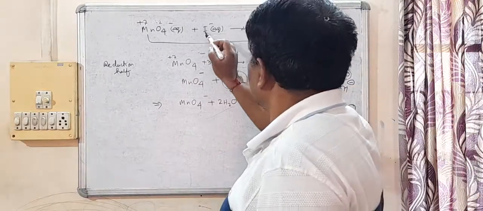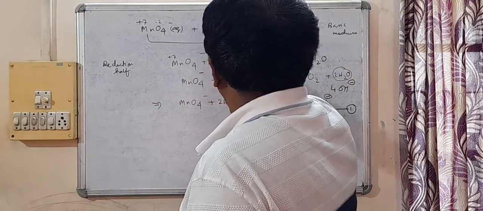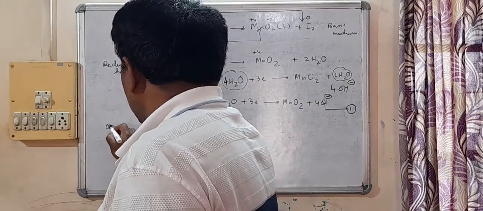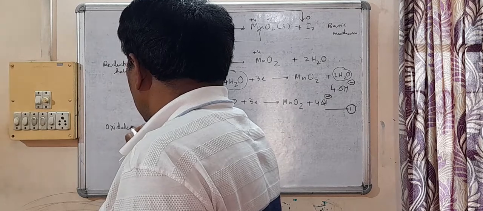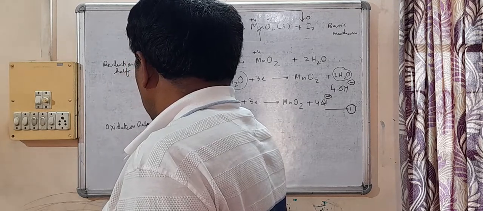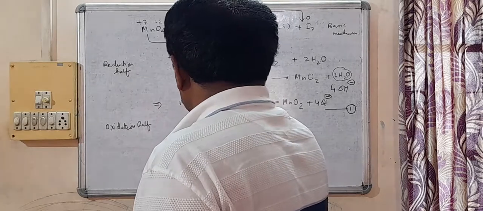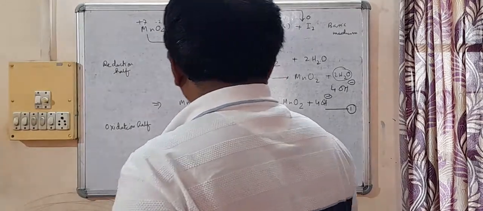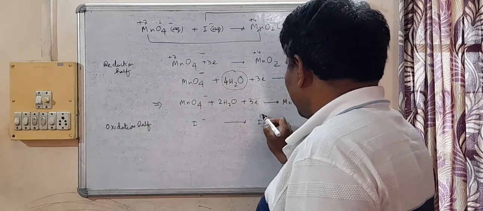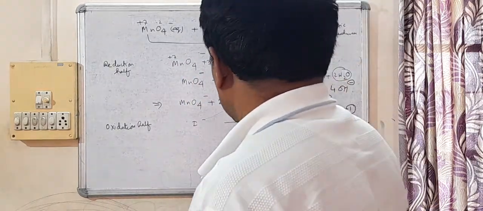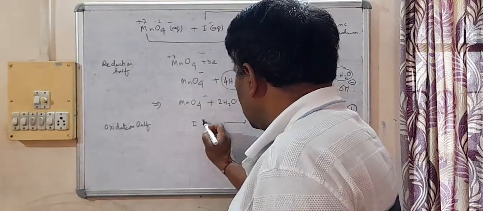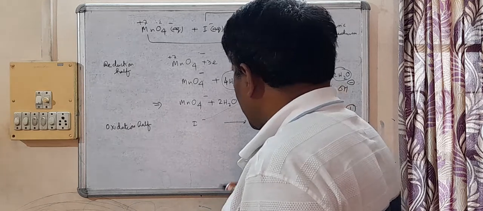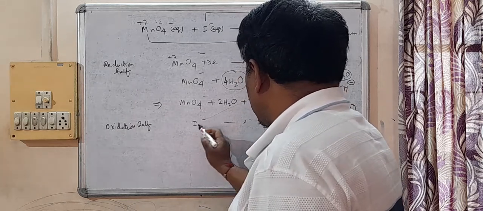Now the other half, I minus to I2, that will be the oxidation half. I minus is minus 1 and I2 is 0. In the oxidation half, there is loss of electron, and first of all we have to balance the key element.